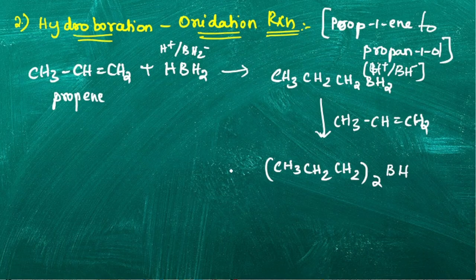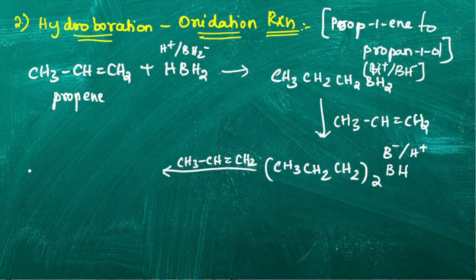Now again BH will split into H plus and B minus, and again I am going to react with the same compound, CH3, CH double bond CH2. This B will attach to this carbon and H plus will attach here. So you are going to get CH3, CH2, CH2 thrice, B.